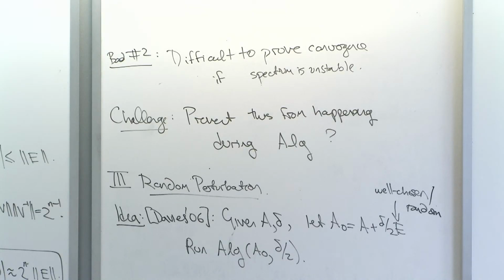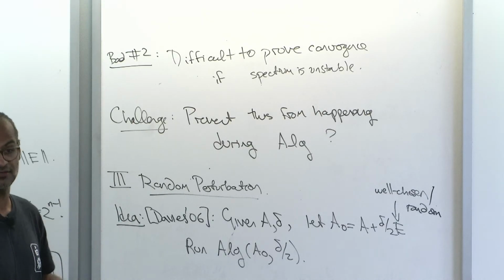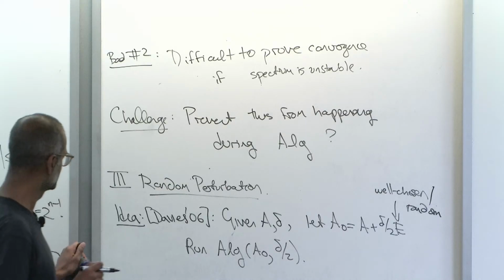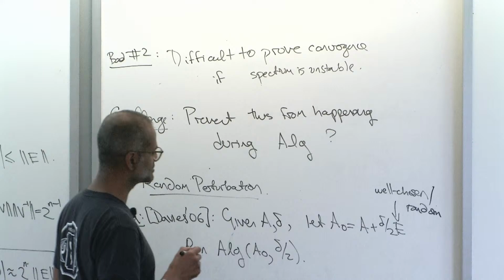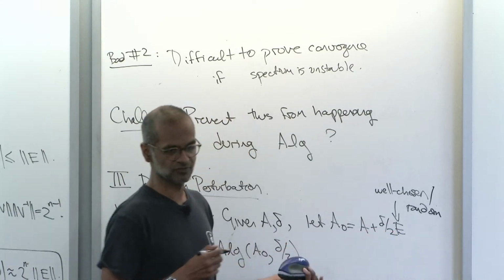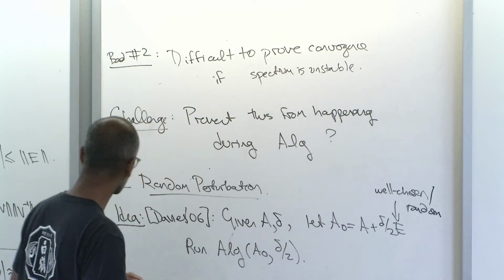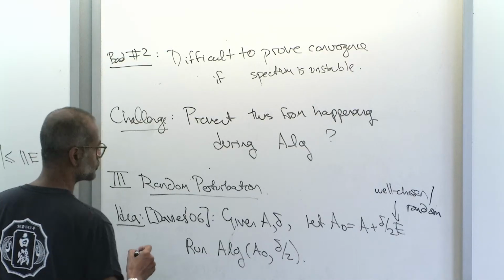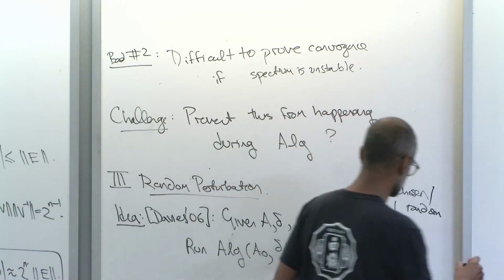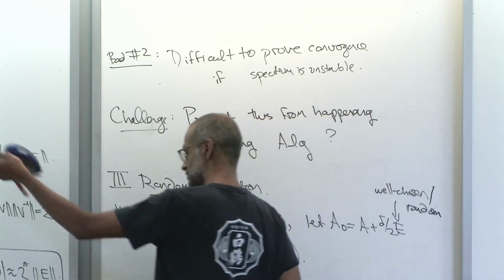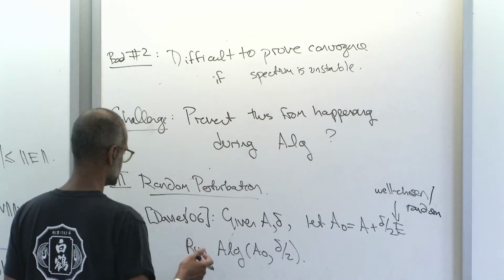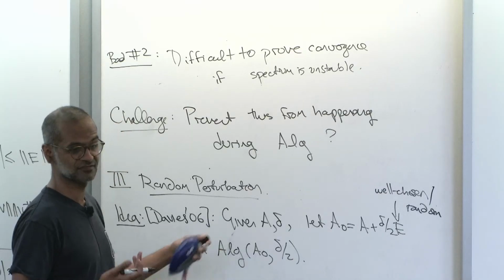So why don't you use half the perturbation to regularize the problem and then solve the problem on this regularized A naught. So this is a beautiful idea of Davies. And he conjectured that there exist perturbations that do this. And so the type of theorem that ultimately allows us to overcome these obstacles is a theorem saying that random perturbations actually do that.